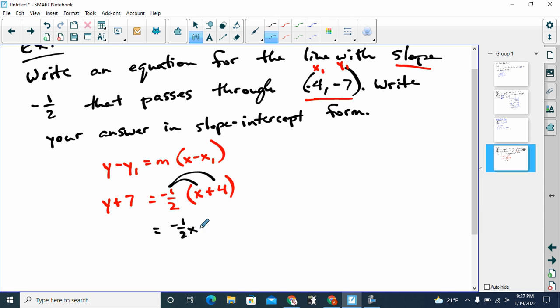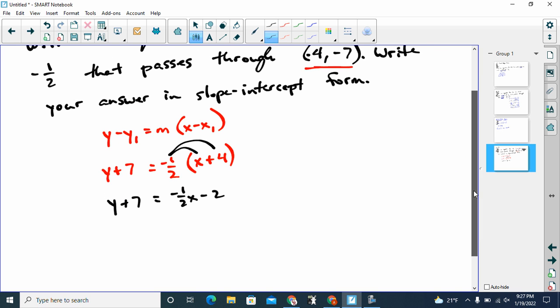Negative times positive is minus. Subtract 7 from both sides. I get y equals -1/2 x minus 9.